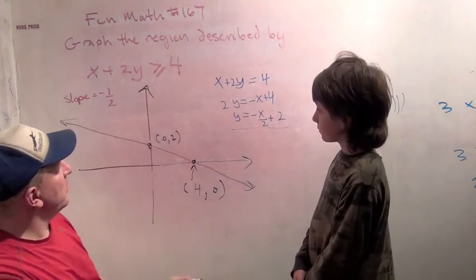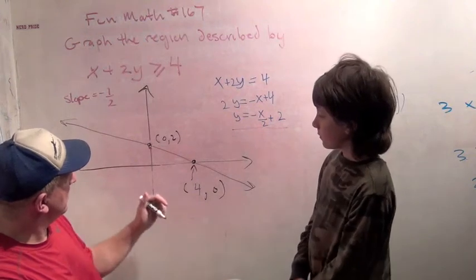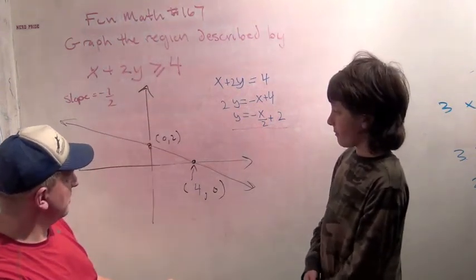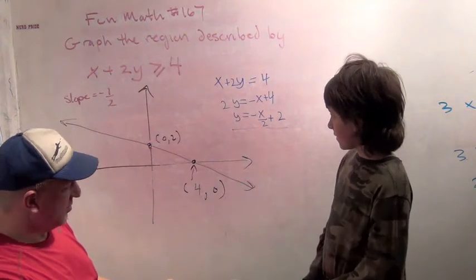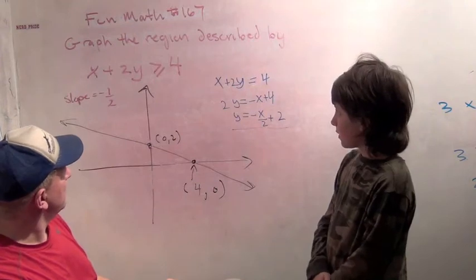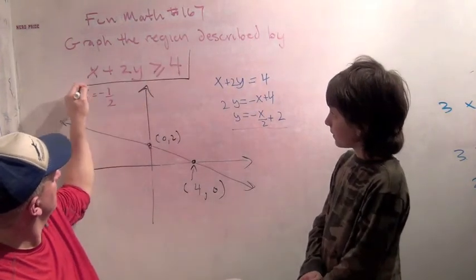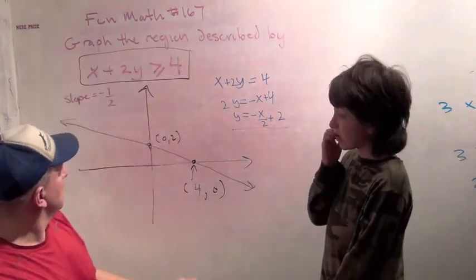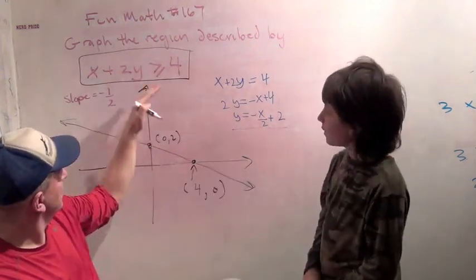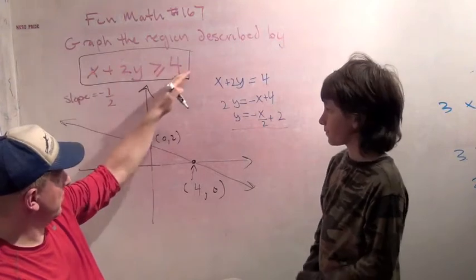So now we're doing greater than or equal to 4. We have to decide if the region is above this line or below this line. Let's use our 1,000,000 points. If x is 1,000,000 and y equals 0, so we're on the x-axis, then 1,000,000 is greater than 4.